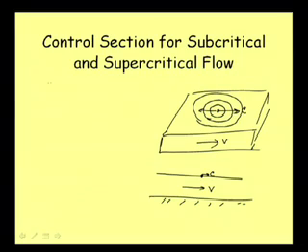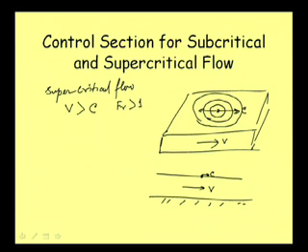Now, for supercritical flow we have that this velocity v is greater than the velocity c, that is celerity c. Okay. So, in fact we have that Froude number is greater than 1, and Froude number is nothing but v by root over g y.